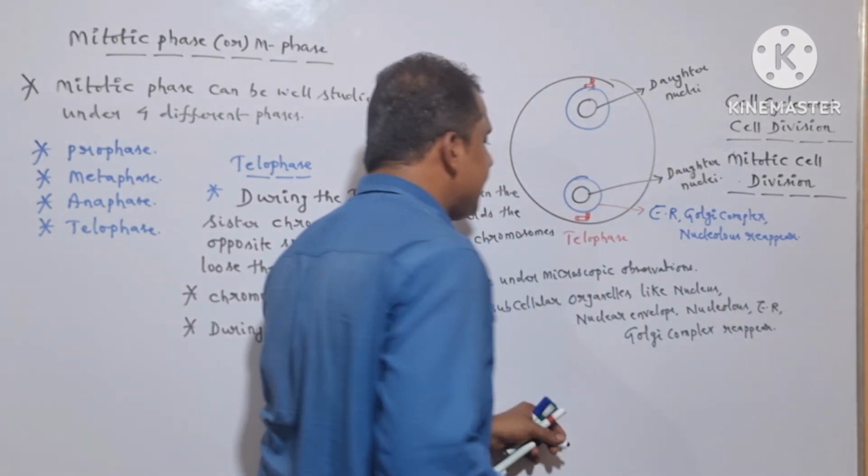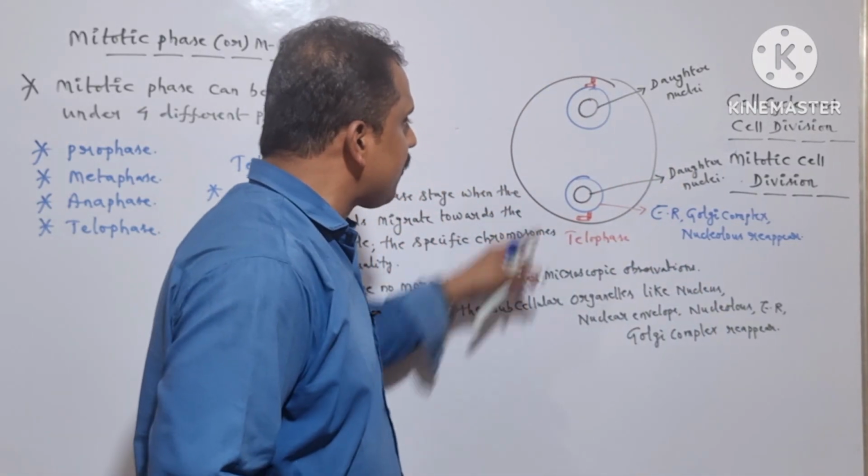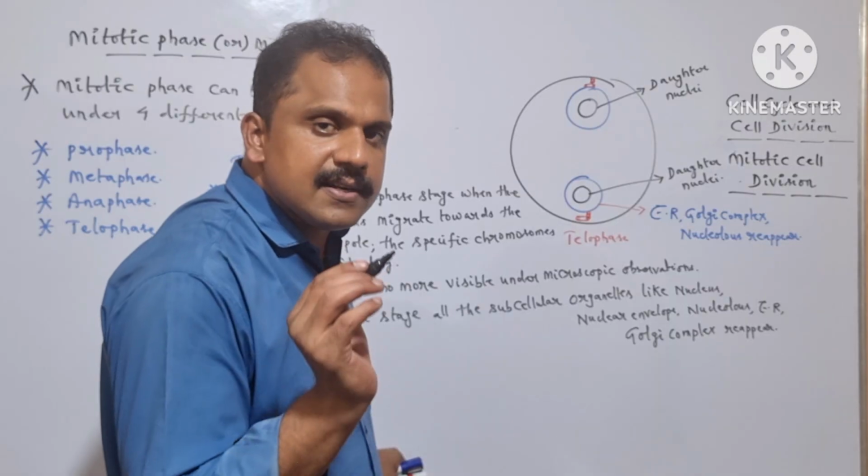So at the end of the telophase stage, from one single parental cell, two daughter cells are obtained.